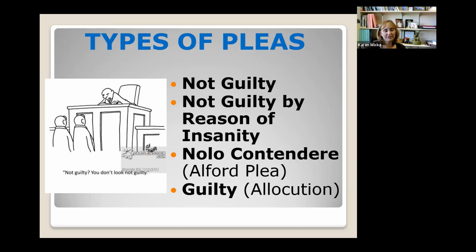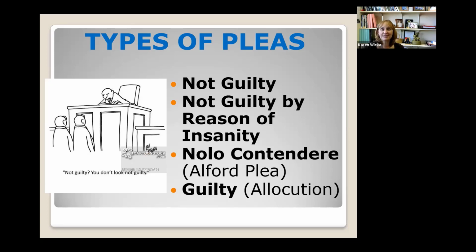And you can then plead guilty. If you plead guilty, the steps are done and you go right to sentencing at the very end of the process. During guilty pleas, you have to stand up and tell the judge exactly what you did and how you did it and why you did it, and that you're agreeing to plead guilty without anybody forcing you. That's called the allocution.